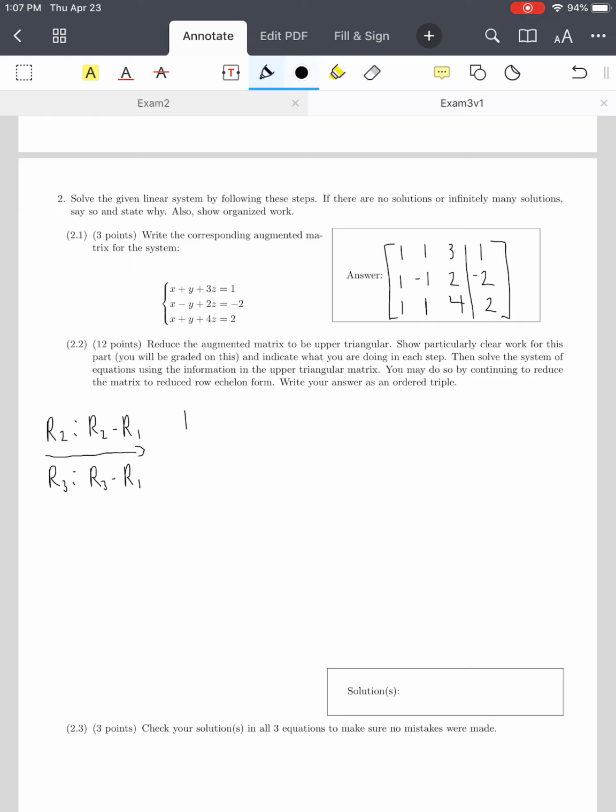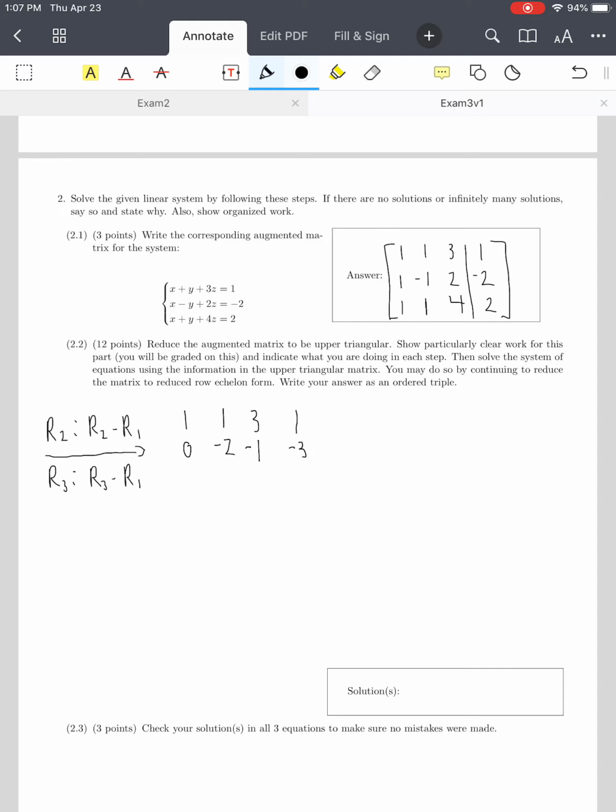So row 1 isn't changing, and for row 2 we're subtracting row 1 from row 2 just so we can create zeros underneath the first entry. So 1 minus 1 is 0, negative 1 minus 1 is negative 2, 2 minus 3 is negative 1, negative 2 minus 1 is negative 3.